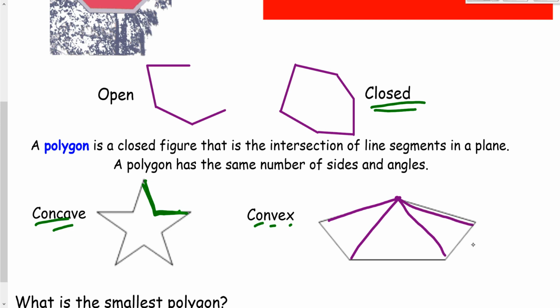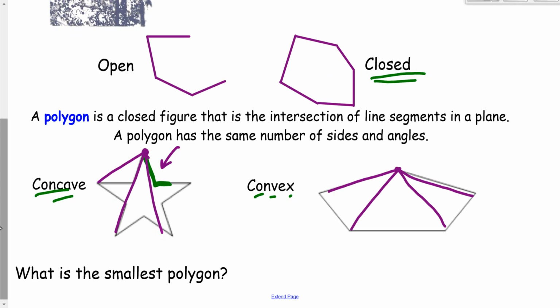None of these diagonals go on the outside. But if you look here, if I draw this diagonal, it's on the exterior of the shape. So here, concave has those diagonals that come on the outside. So basically, if it has a little divot inside, that is concave. Convex has no divot.